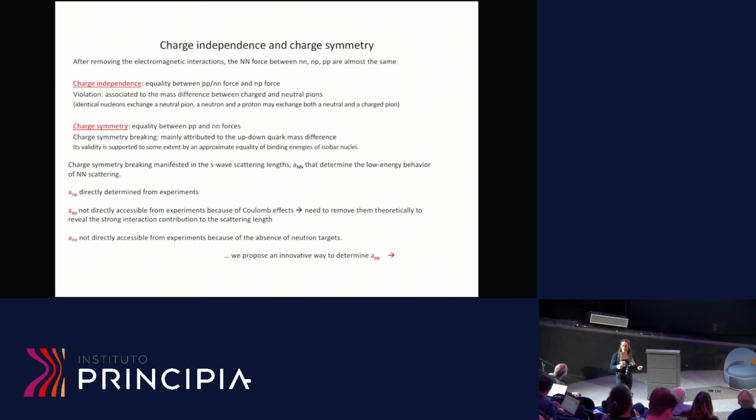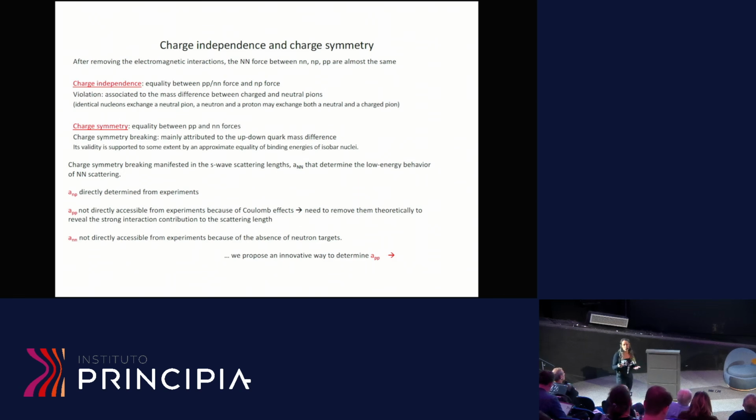So the NN, NP, and PP scattering lengths. However, while NP can be determined from experiments directly, the proton-proton scattering length is something that you cannot measure so simply. You can measure it directly, but you have the Coulomb interaction that makes things complicated. So you determine the scattering length with the Coulomb interaction, and so you have to remove it.